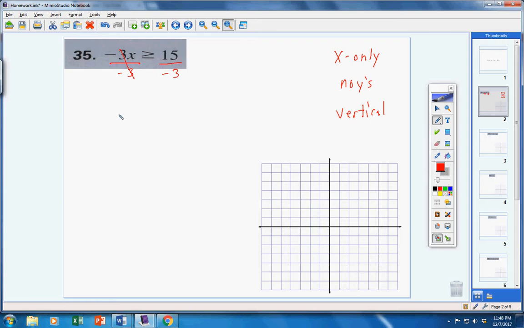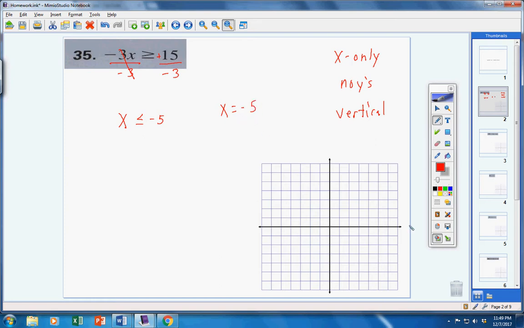A lot of students would forget to turn the arrow, but you must turn the arrow when you divide the entire inequality by a negative number. So we have a -5 here, a +15 divided by a -3. Now, we've got x by itself, so now we pretend we have an equal sign here, even though we don't, like this. X equals -5.